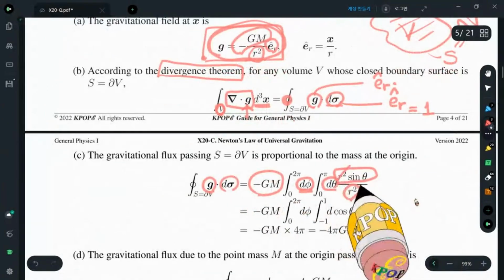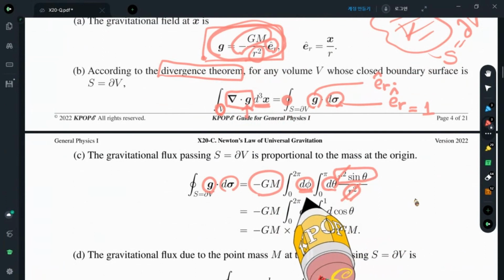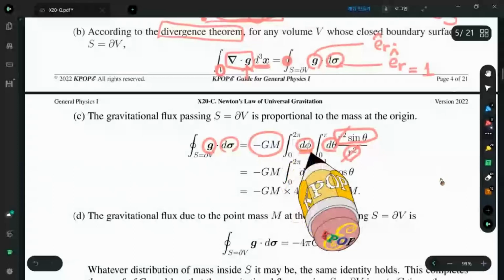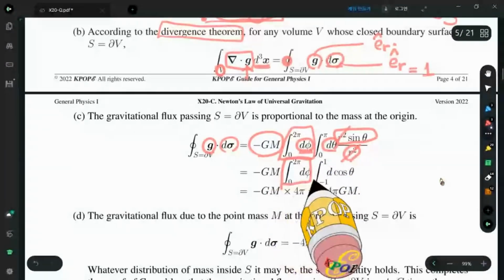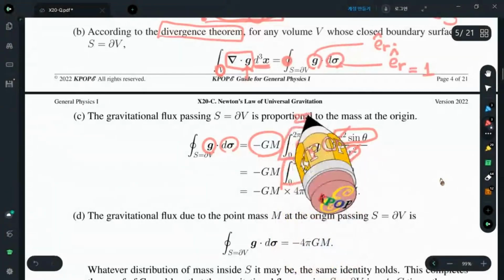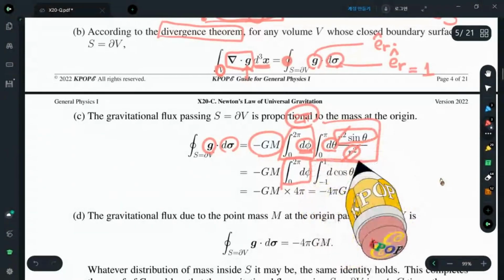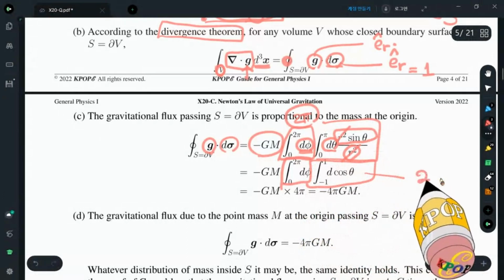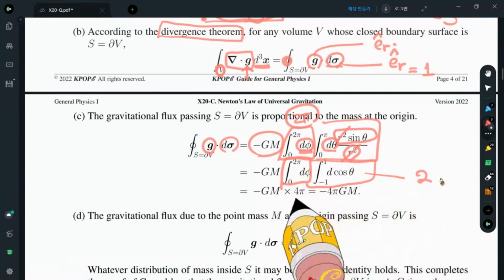The numerator and denominator r dependence cancels exactly. What we have is just the angular integral, and the integral for the azimuthal angle is 2 pi, a trivial integral, and the polar angle integral is expressed in terms of another trivial integral that gives number 2. 2 pi multiplied by 2 is 4 pi.